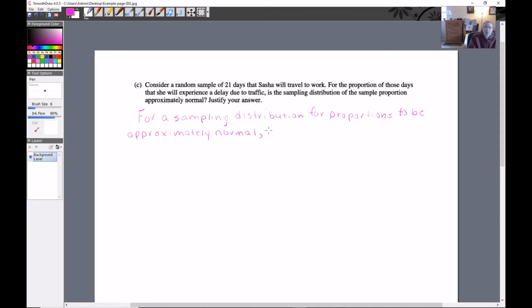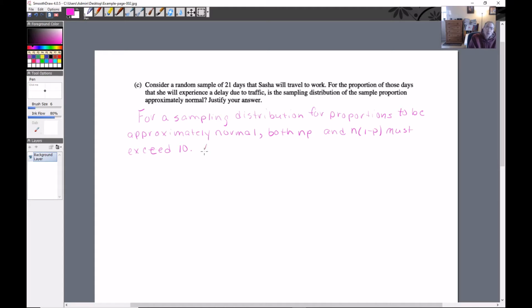This should look really familiar. Both n times p and n times 1 minus p must exceed 10. Remember we had this for our normal approximation? That was a condition. It's a condition for this.